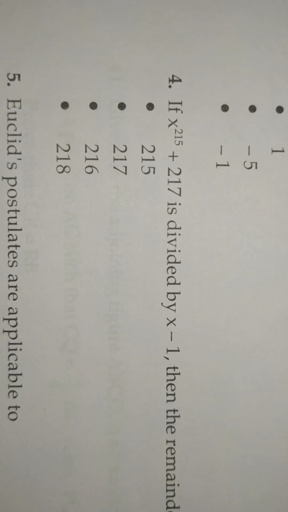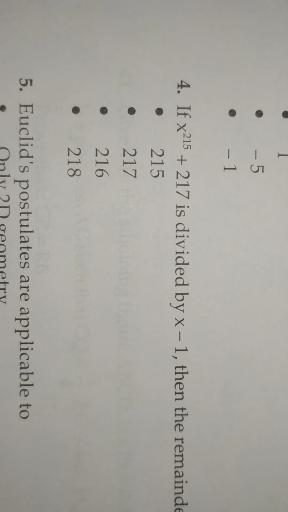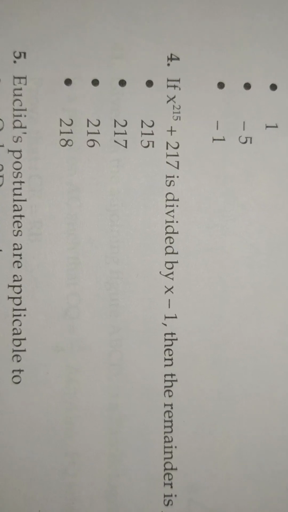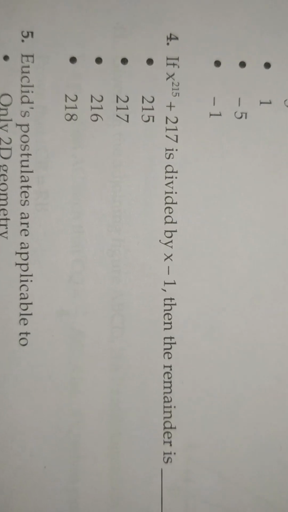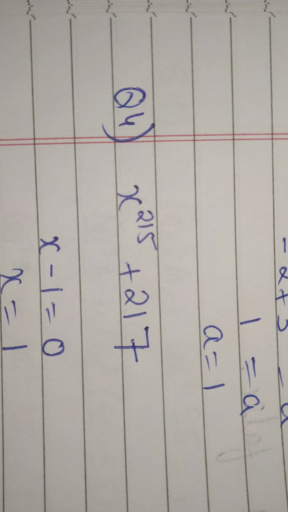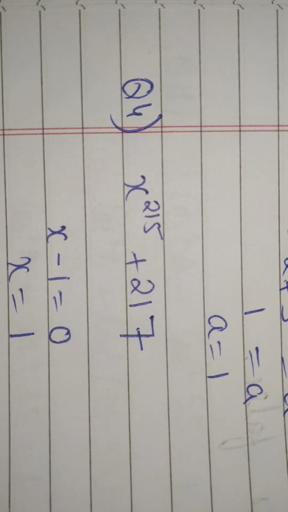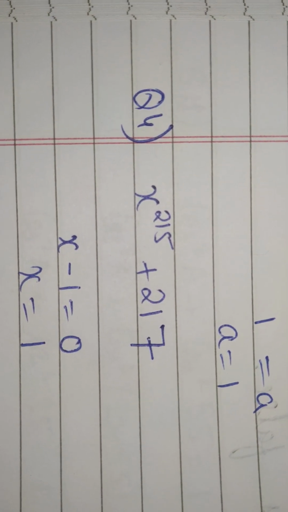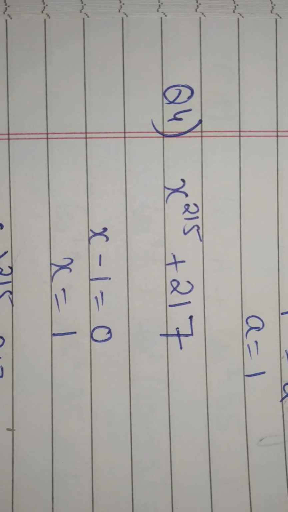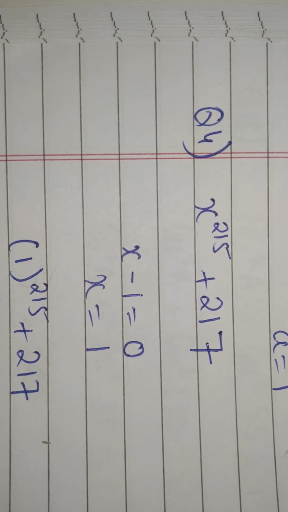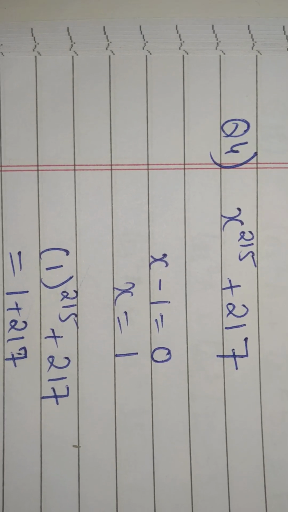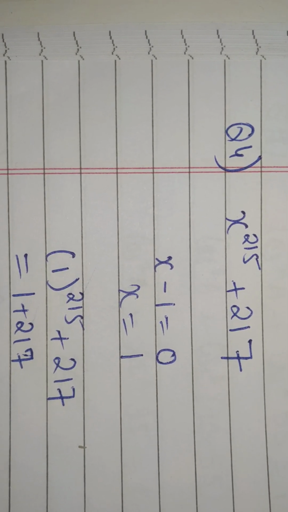Question number 4. If x raised to 215 plus 217 is divided by x minus 1, then the remainder is... here we have to solve this sum. Here p of x was given, x raised to 215 plus 217, and x minus 1 is equal to 0. So from there I will get x is equal to positive 1.